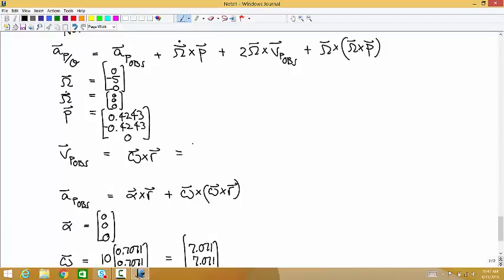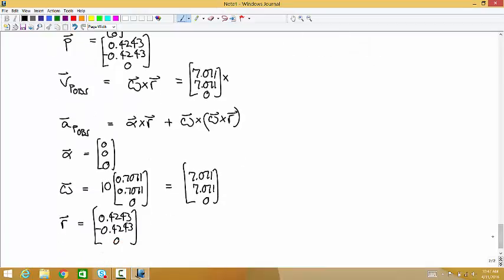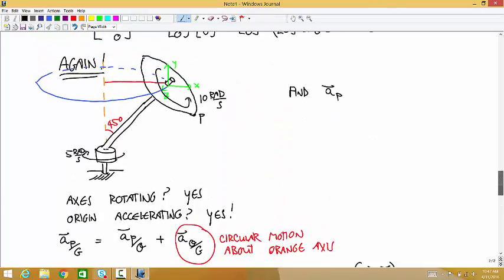So for the observed velocity, we get 7.071, 7.071, 0, crossed with 0.4243, negative 0.4243, 0. What do you get for that? Shouldn't that be the y component of that 7.07? Shouldn't that be negative? No, because that's the axis of rotation, so according to the right-hand rule, it's pointing straight up that way.